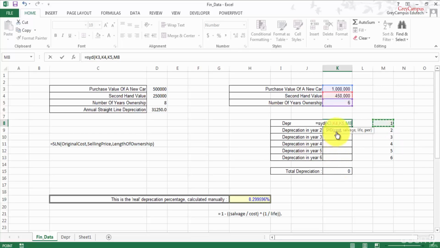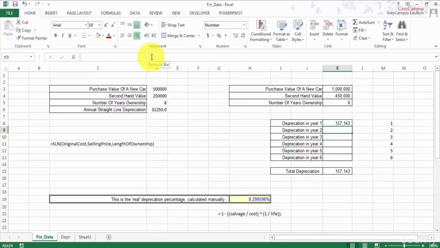We wish to calculate the same depreciation for all of these cells. Because the three parameters, the purchase value, the second-hand value and the ownership, will be the same for all these years, we highlight the three of them and press F4. Then it will stay the same.